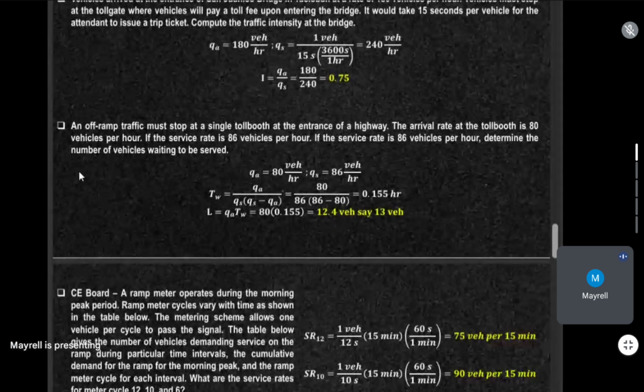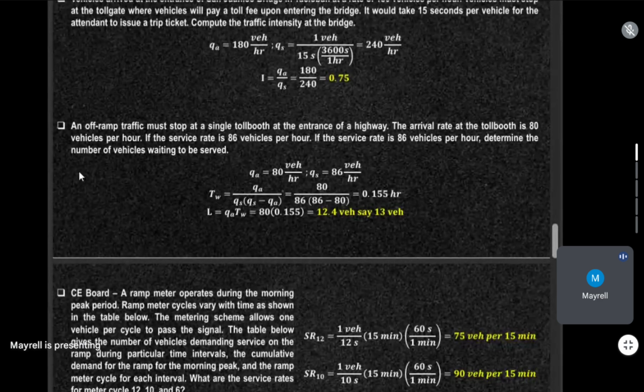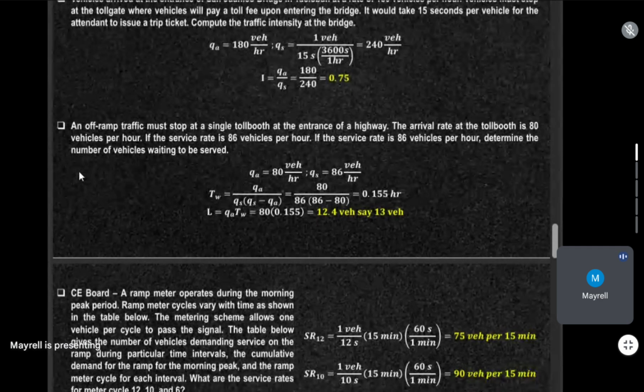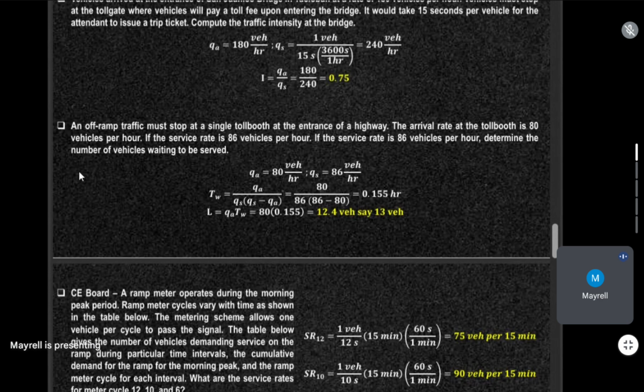Then we have another. Off-ramp traffic must stop at a single toll booth at the entrance of a highway. The arrival rate at the toll booth is 80 vehicles per hour.